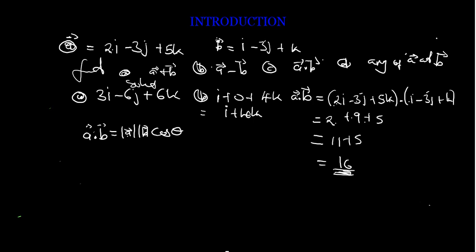To find the resultant of A, I'll take the whole vector in the root, because that's vector A. So I'll say 2 squared plus 3 squared plus 5 squared, because the square always results in a positive. So this will give me root 11... no, 38 if I'm not mistaken.